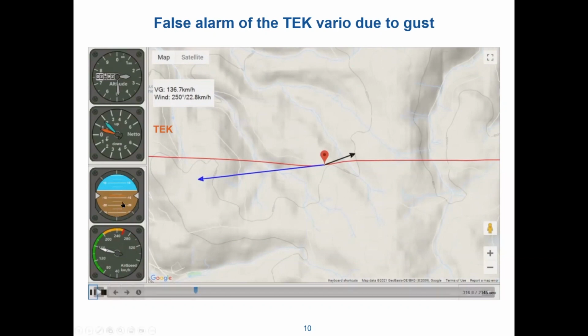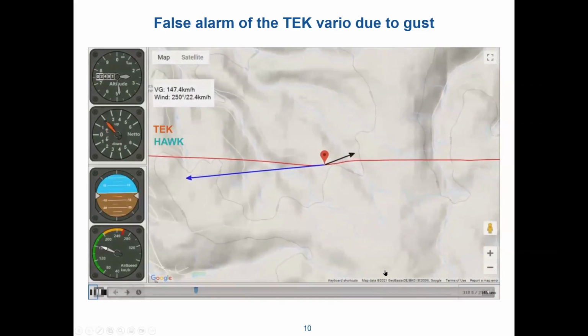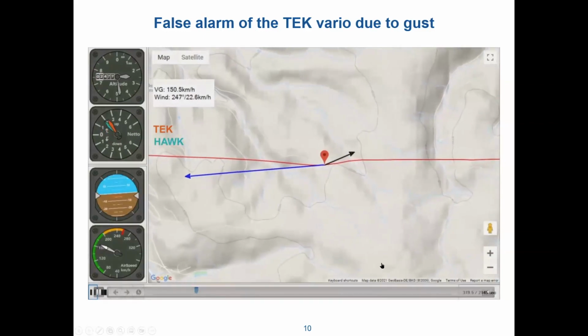I'll demonstrate this here in this movie. Here's altitude. Here are the 2 pointers. And the glider is moving here. Let's have a look. I would just ask you to look at the 2 needles, and see that the red needle badly responds to horizontal gust.